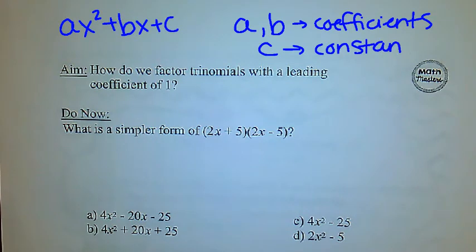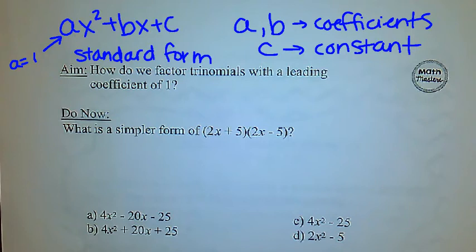Remember, that has no variable attached to it. Again, the value we're going to work with is just going to be equal to 1. So the leading coefficient, remember this is in standard form, is always going to be a 1. In order to identify your leading coefficient, it needs to be in standard form. Your leading coefficient is the coefficient that comes first when it is in standard form.